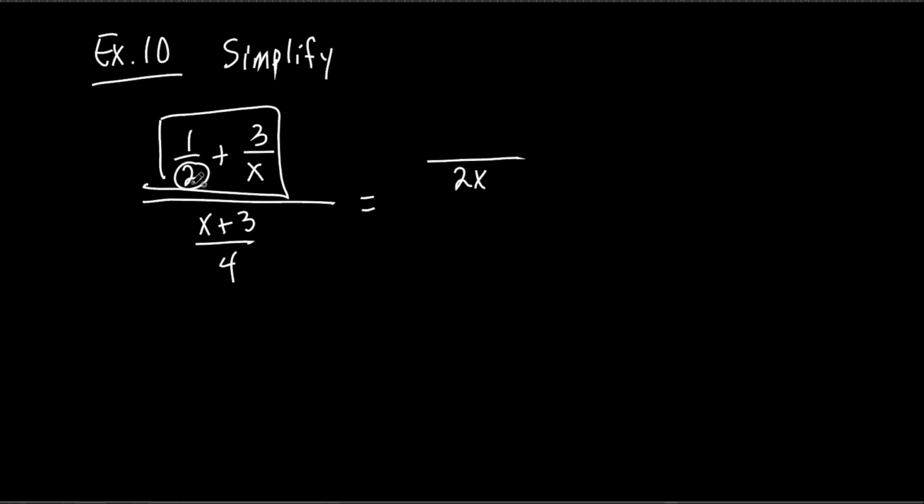If I multiplied 2 by 2, I would get a 4. That's not 2x. So what do I multiply 2 by to get to this? An x.